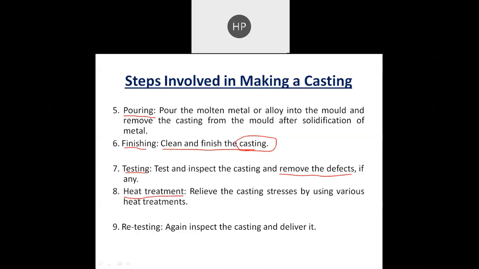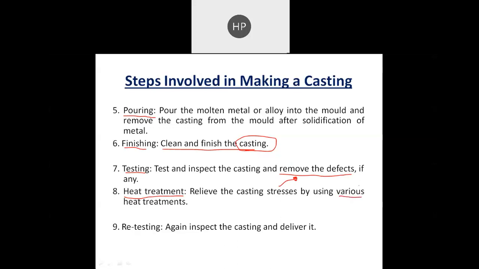Whenever the molten metal or alloy is converted into liquid and solidified, during that period of time some stresses are generated. And that stress can be a cause of certain defects. So to reduce that casting stress, various heat treatment processes can be applied.